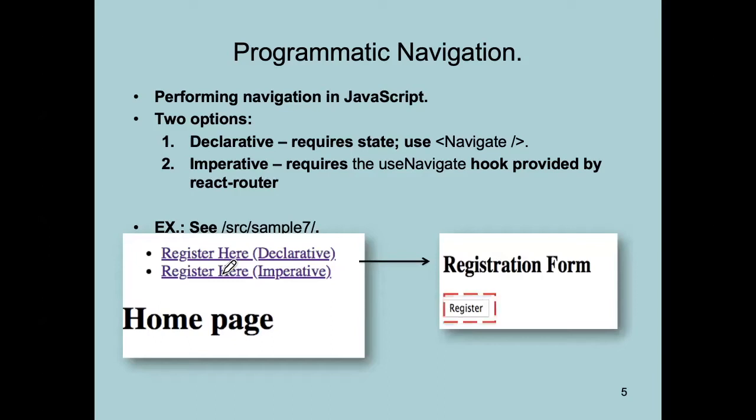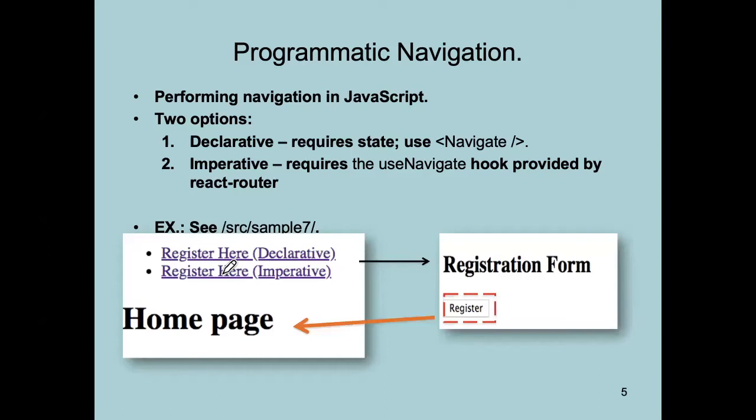Then there's going to be a register button. And when we click on the register button, an event handler is going to run, of course, an onClick event handler. Typically, that event handler would validate whatever details you entered on the registration form. And if it was happy with everything, then let's say it will redirect you back to the home page.